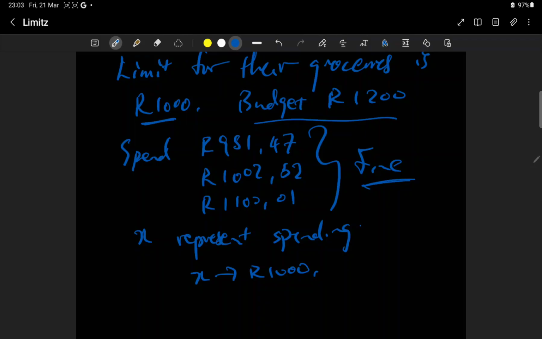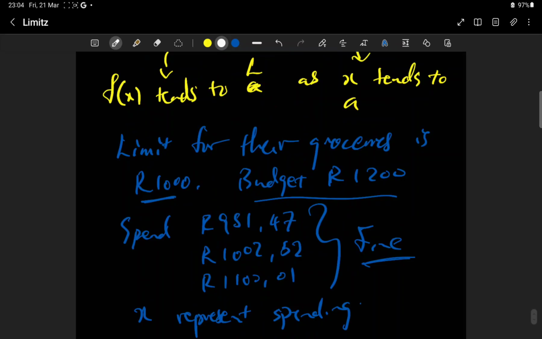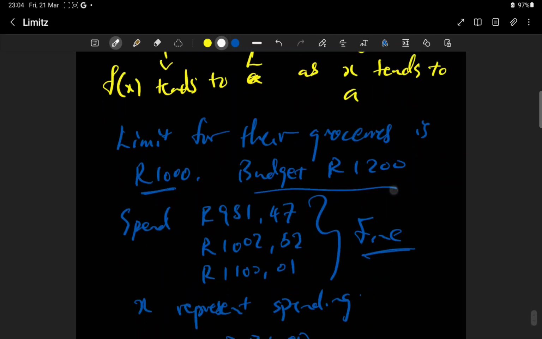In other words, X is not 1,000, but X is some number closer to 1,000, and usually we are fine with that. I'm putting this narrative here to solidify, or to validate, this concept of what we actually mean when we talk about a limit.